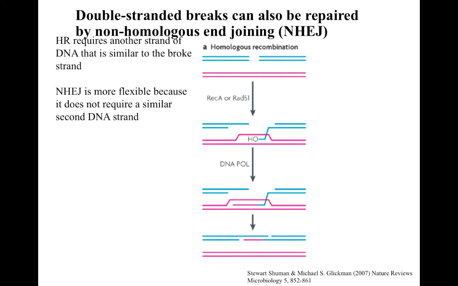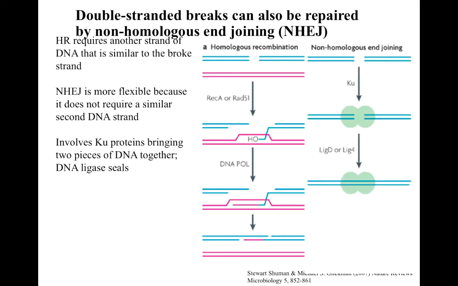Non-homologous end joining is more flexible because it does not require a similar second strand of DNA. And non-homologous end joining involves Ku proteins, which bring two pieces of DNA together, and then DNA ligase will come in and seal the DNA, so it'll form phosphoester bonds between the two DNA strands.